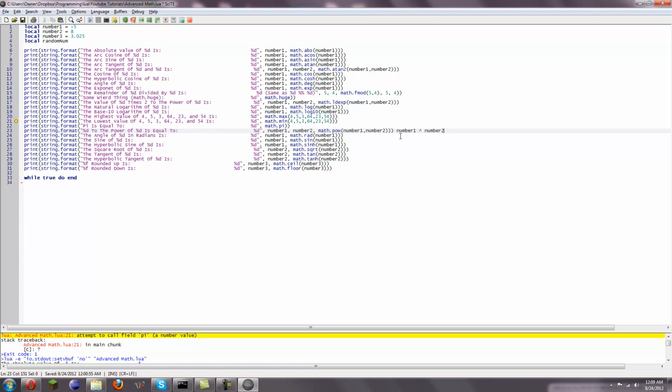And that caret is the symbol on your 6 key, in case you're wondering.